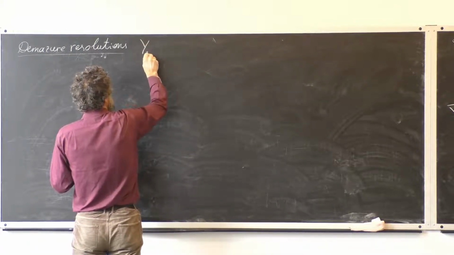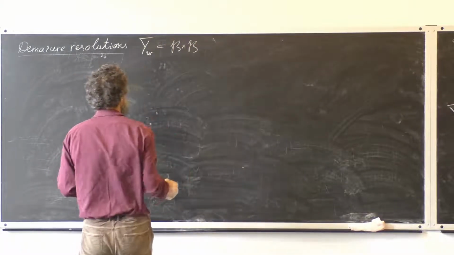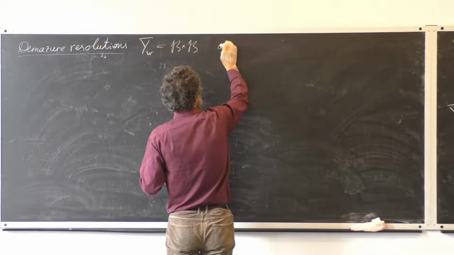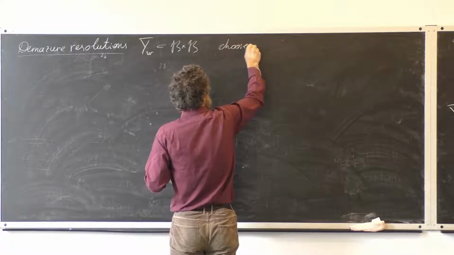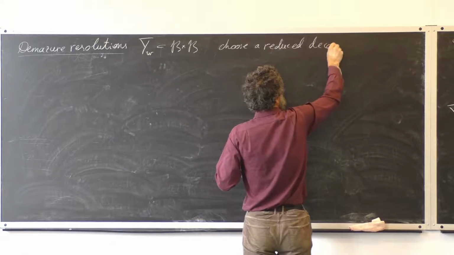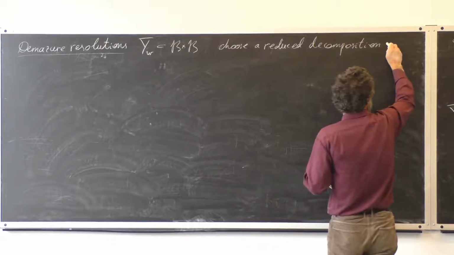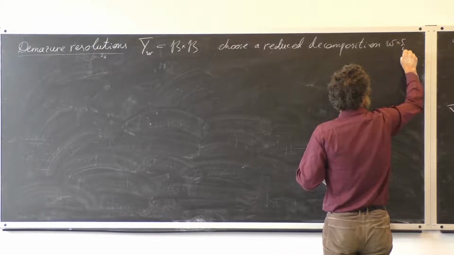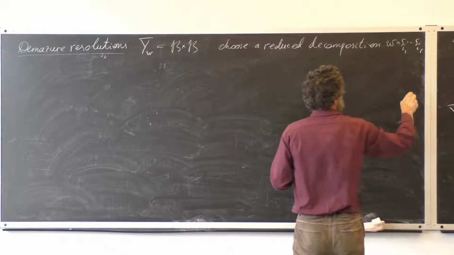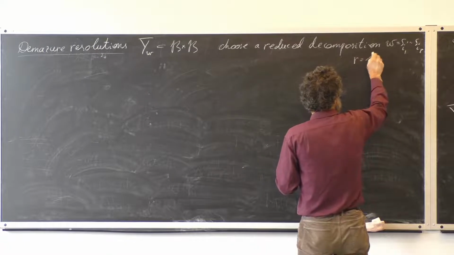We'll have y_w bar in the square of the flag variety, and we'll choose a reduced decomposition w = s_{i1} ... s_{ir}, so r is the length of w.